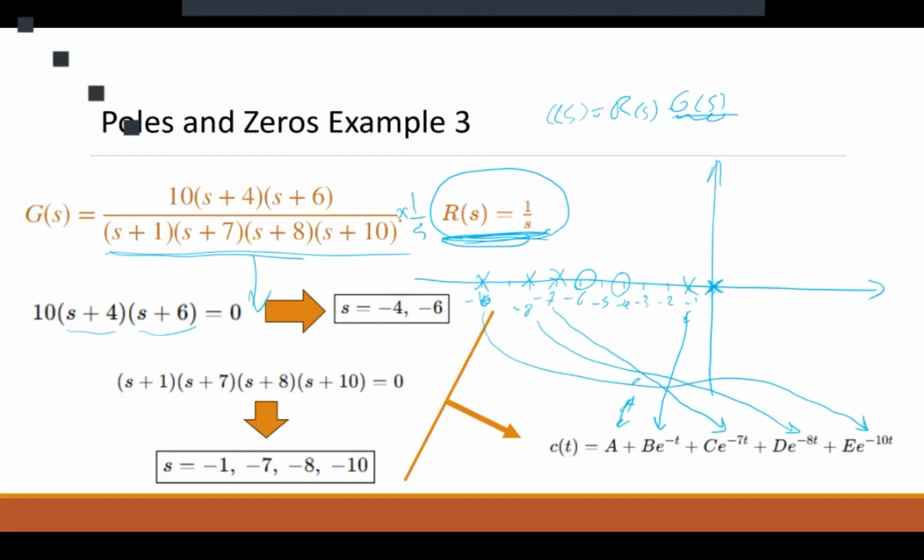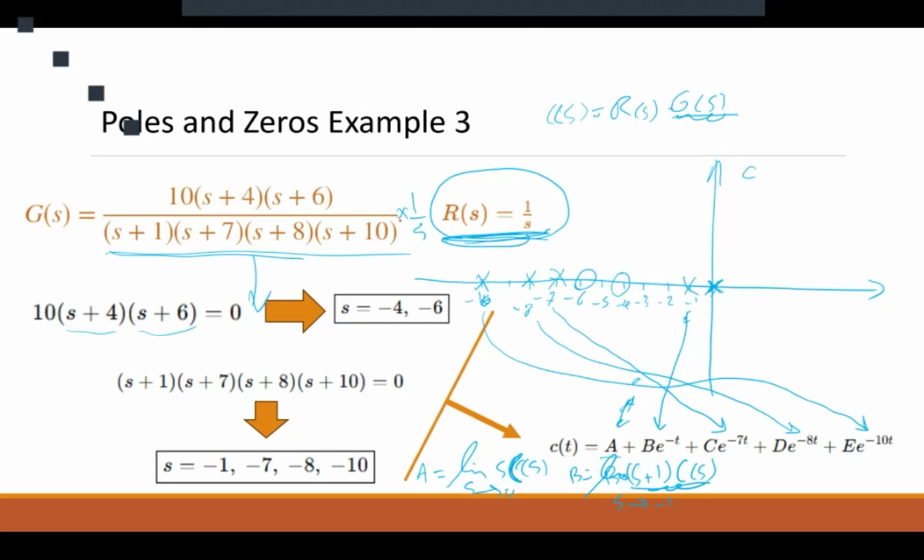Now, how to find the coefficients? Again, we know this one, the A, is the limit of S times C of S when S goes to 0. The B is the limit of S plus 1 times C of S when S goes to minus 1.